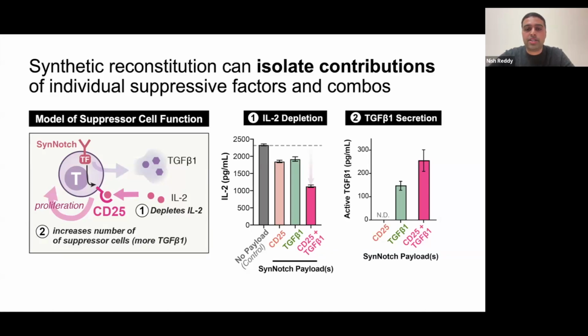And so the combination of these factors leads to more IL-2 depletion in this in vitro cell culture, but also more TGF beta secretion as a consequence of suppressor cell expansion. So these suppressor cells are basically expanding in response to the IL-2 signal, and as a result, producing more TGF beta, which acts synergistically to drive CAR T cell suppression.